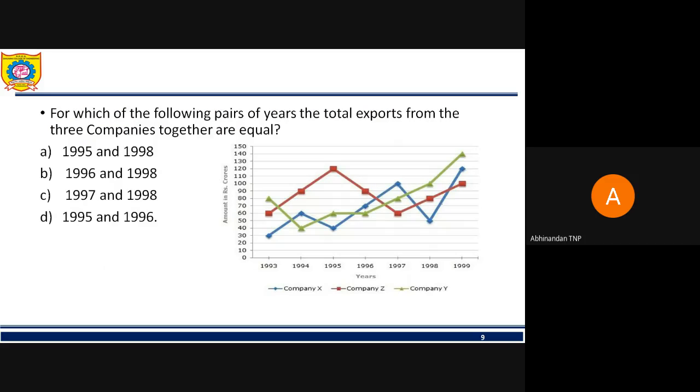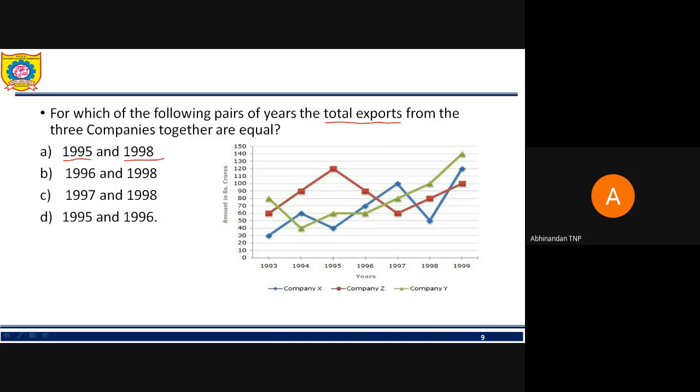For which of the following pairs of the years the total export from the three companies together are equal? Means just you have to add these numbers, that's all. So let us go for 95 and 98.